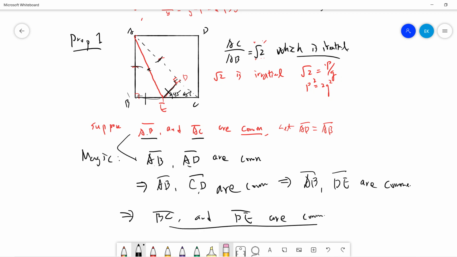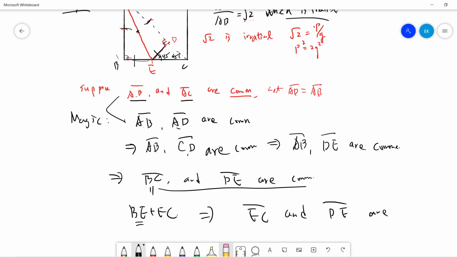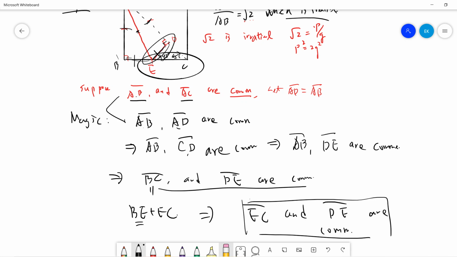But the idea is that DE and BE are the same, and BC can be written as BE plus EC. Since DE is the same as BE, finally we get that EC and DE are commeasurable.